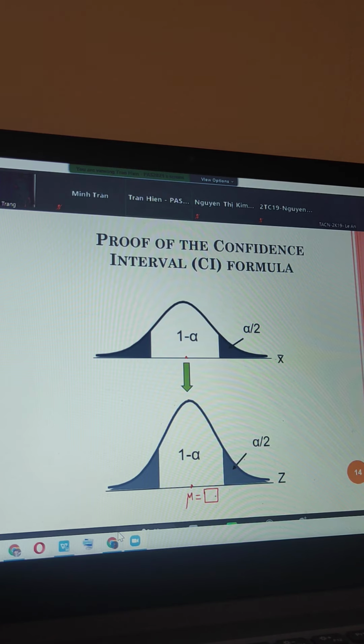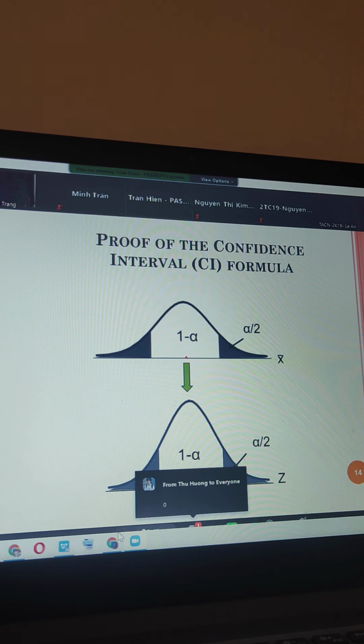For the standard normal distribution, what is the value at the midpoint? Okay, thank you, Thu Hương. It is exactly 0.